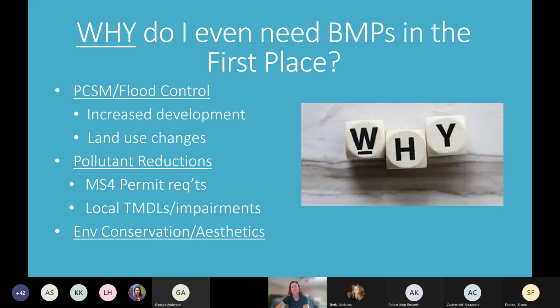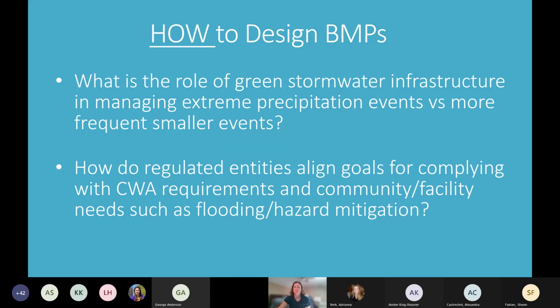So we have three really good speakers this session. The first one, Professor Lauren McPhillips from Penn State, is going to talk about designing BMPs, particularly green infrastructure BMPs, to address climate change and some of our more frequent and longer storms, versus how we used to design BMPs to capture smaller rain events.